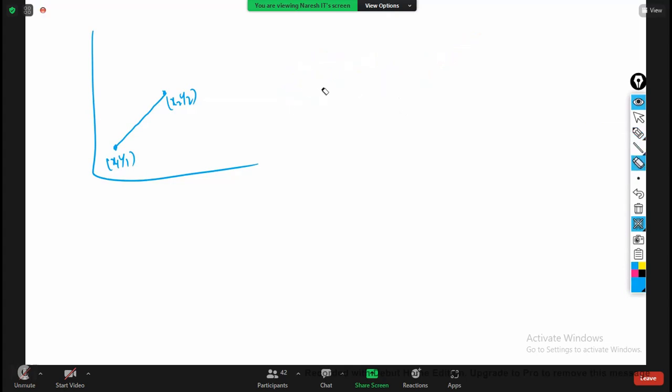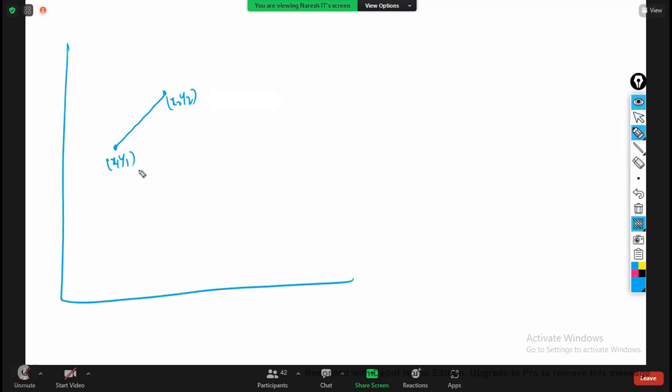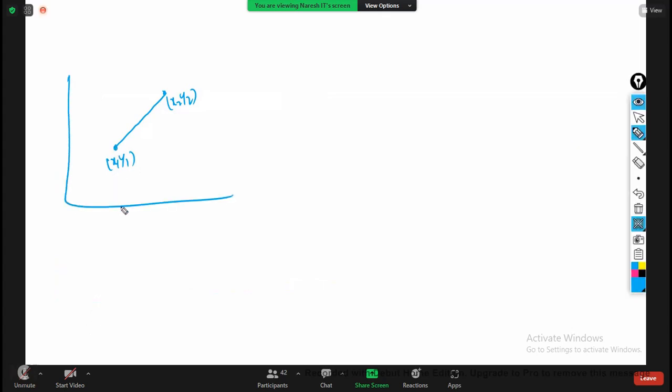Just observe clearly how we got this. In the scatter plot we are having, this is x1 and this is y1, so this is the point. Similarly, this is x2 and this is y2. Now, can I draw a parallel line like this?